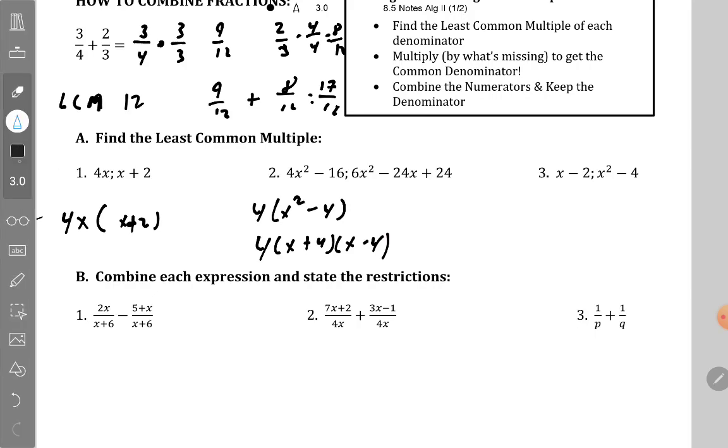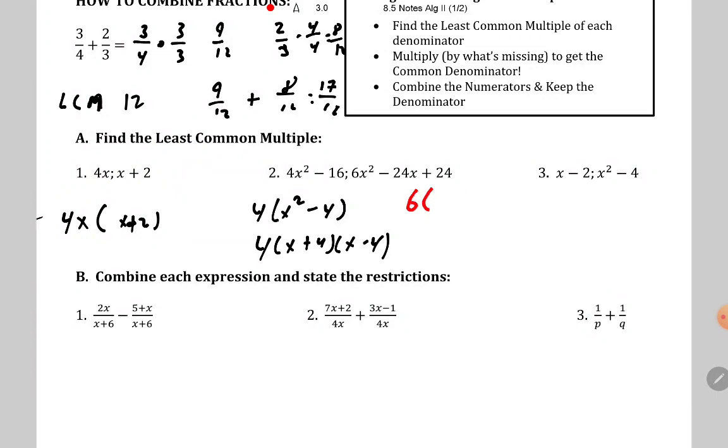Let's use my second number in a different color. So I'm going to pull out 6, and that'll be x squared minus 4x plus 4. And this will factor into x minus 2, x minus 2.